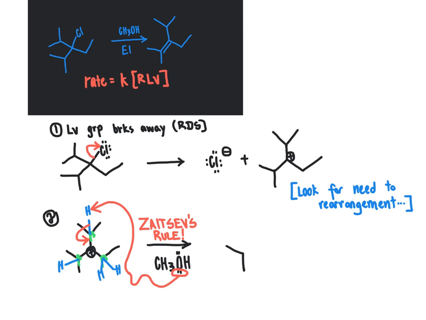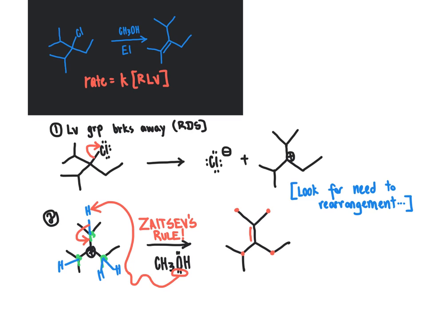So our product that will result here will correspond to installing our carbon-carbon double bond right here. So therefore we're making an alkene group that has 4 alkyl substituents: 1, 2, 3, 4. It doesn't get any better than that by Zaitsev's rule, because Zaitsev's rule says the more alkyl substituents the better.